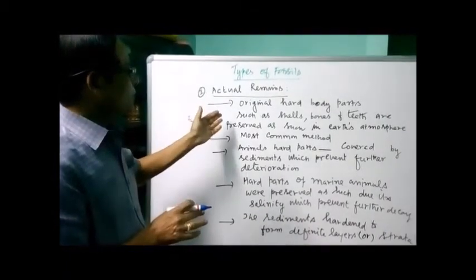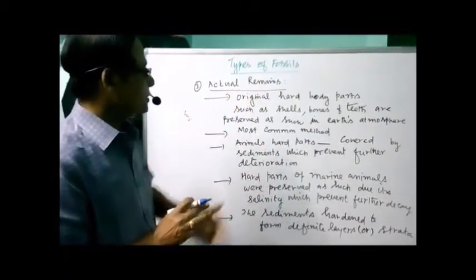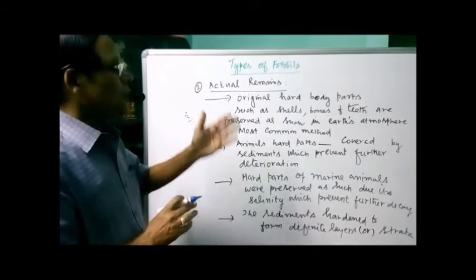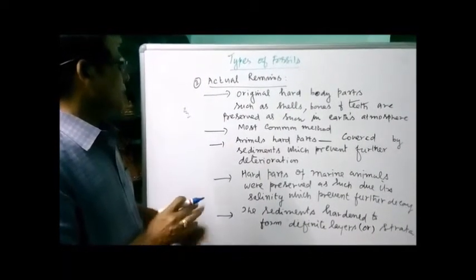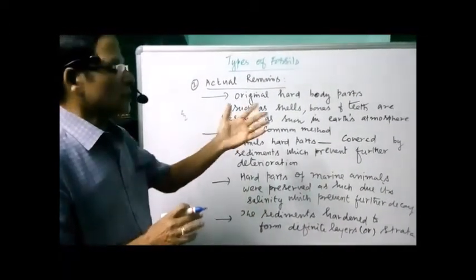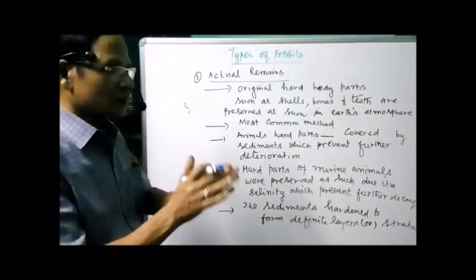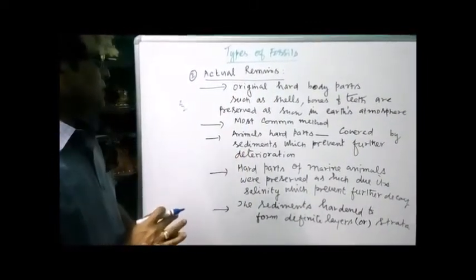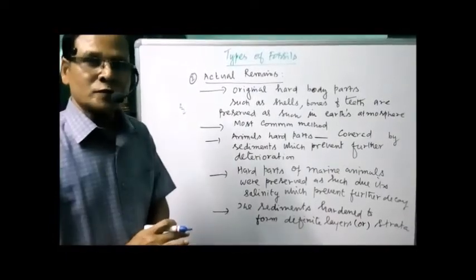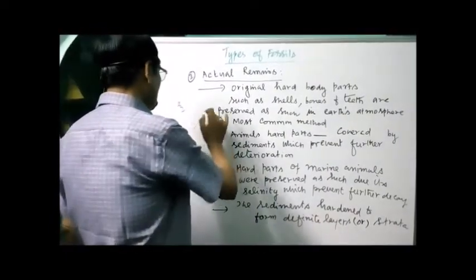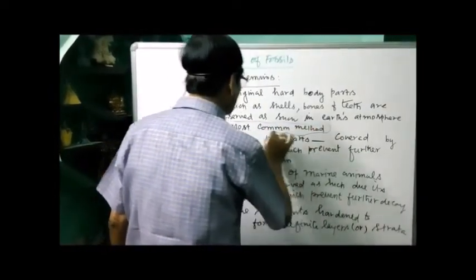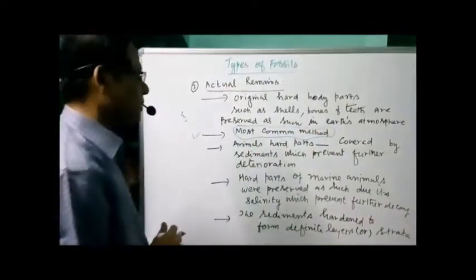So the preservation of original hard body parts such as shells, bones or teeth is called actual remains. The original parts are preserved as such. Now this is the most common method of fossilization. This is very important: the most common method of fossilization.